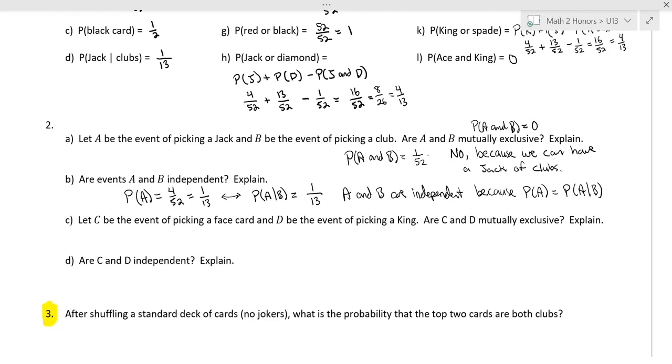C, let C be the event of picking a face card, and D the event of picking a king. Are C and D mutually exclusive? Well, let's look at the probability of C and D, because if they are mutually exclusive, this probability will equal 0. So the probability of picking a face card and picking a king. Okay, so it's out of 52.